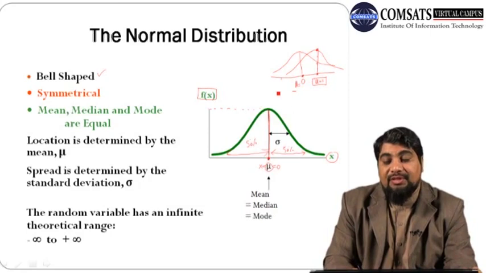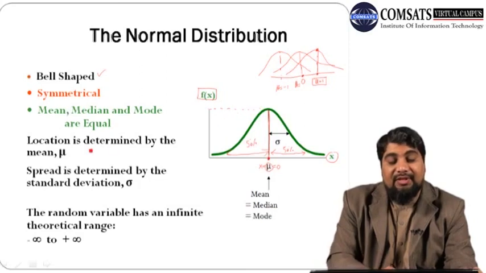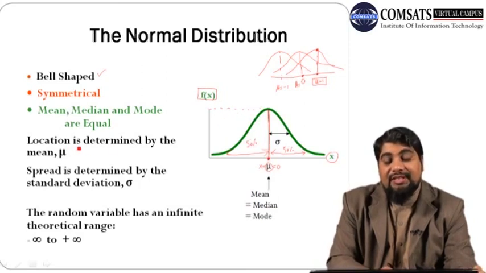Similarly, if you shift the mean from 1 to, suppose, -1, then the normal distribution will be shifted to this -1. So the location of the distribution is determined by the mean, whereas the spread is determined by the standard deviation, or the sigma.